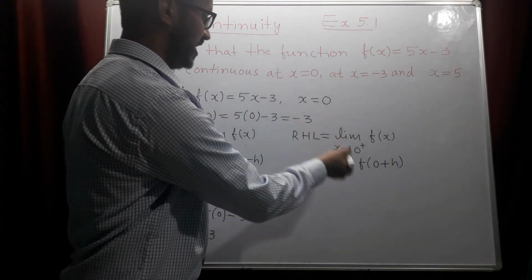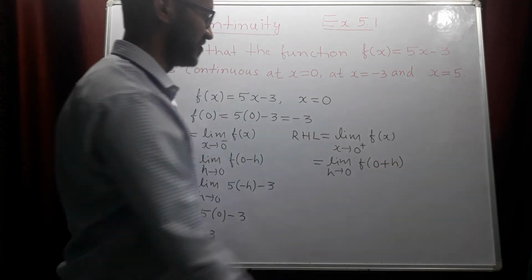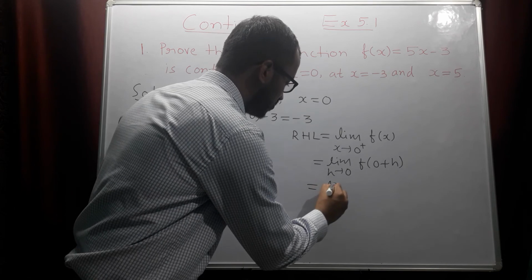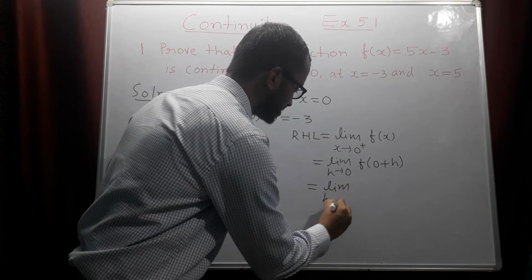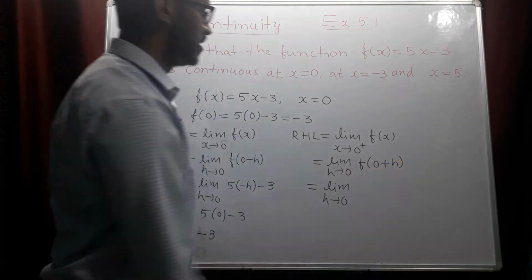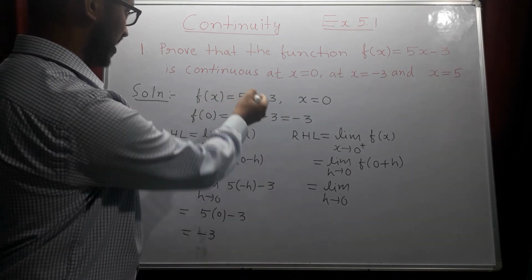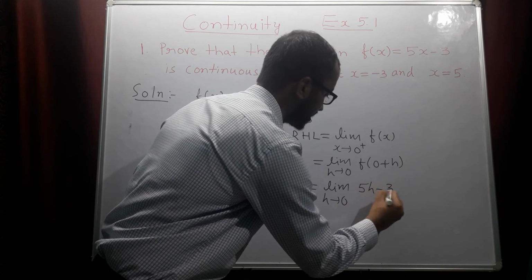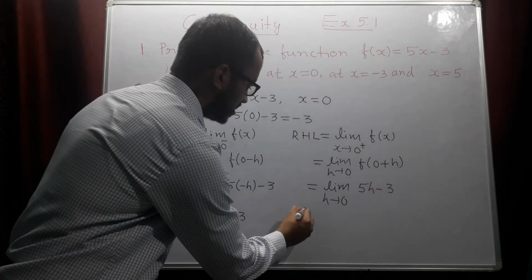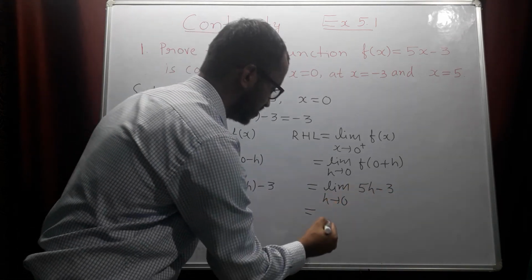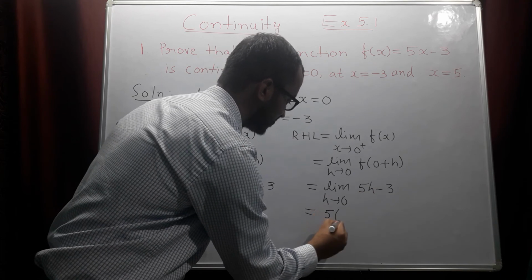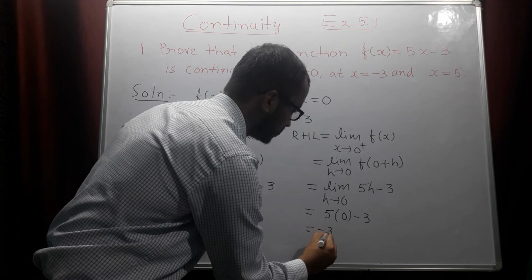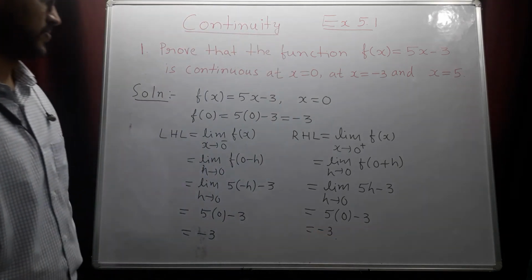So instead of c, we are taking 0 in the definition. That is equal to limit h tends to 0 f of h, and f of h will be 5h minus 3. Now replacing h by 0, we get 5 into 0 minus 3, that is equal to minus 3.